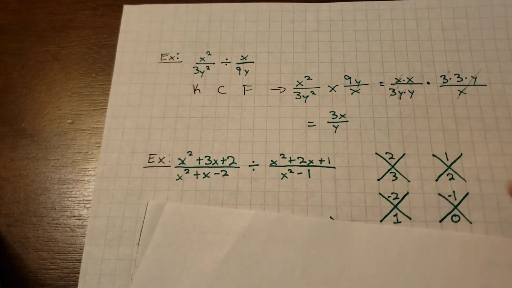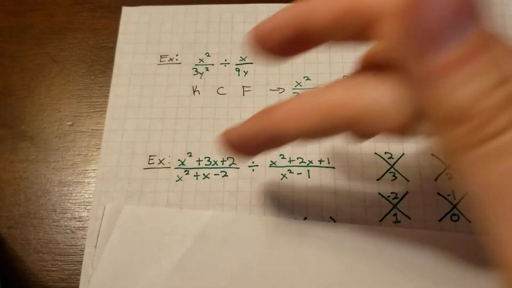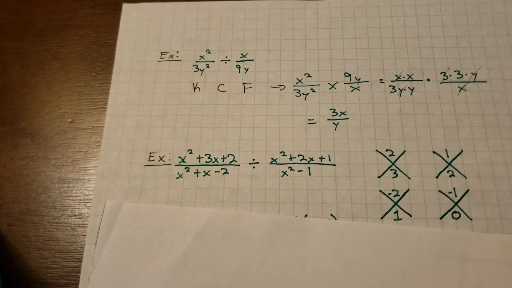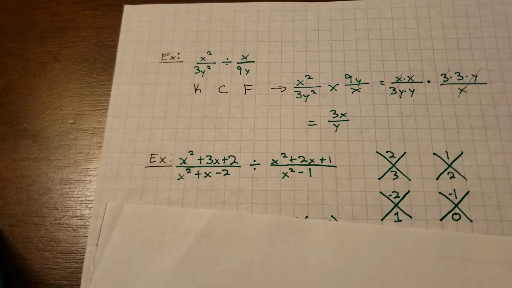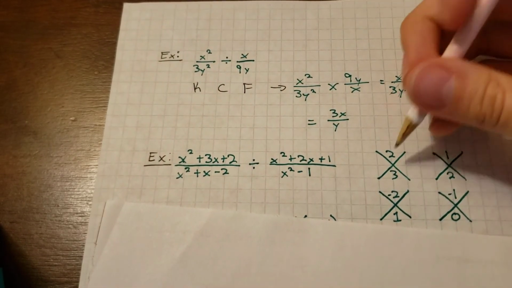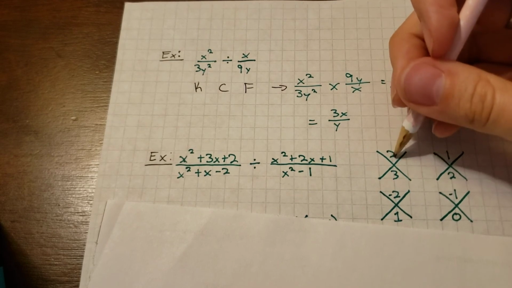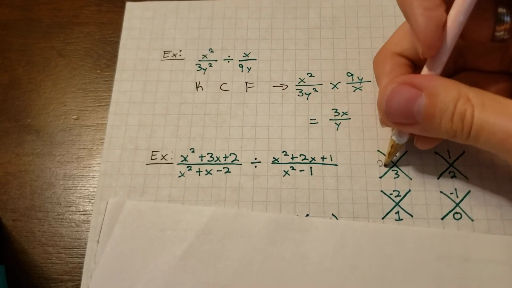And again, I did diamonds for this one here, and I kept them in the same pattern just for clarity. Let's talk about this guy first. What two things multiply to get 2 that add to get 3? Well, easy. 2 times 1.